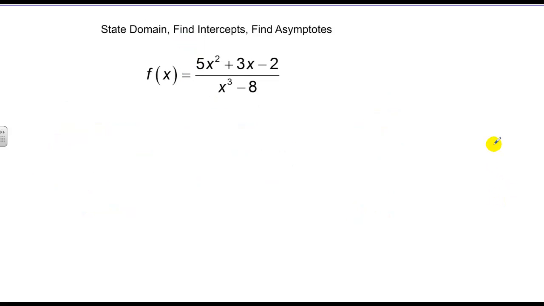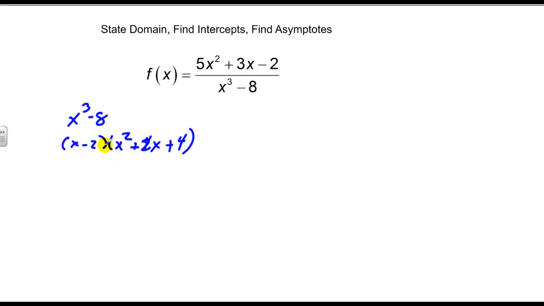So again, state the domain. I'm going to have to factor this guy, which is not going to be pretty. So x cubed minus 8. And I go through and do that, I get x minus 2, x squared plus 2x, actually that's plus 4, sorry.